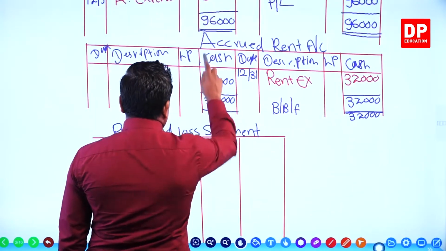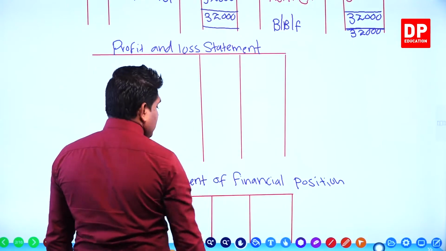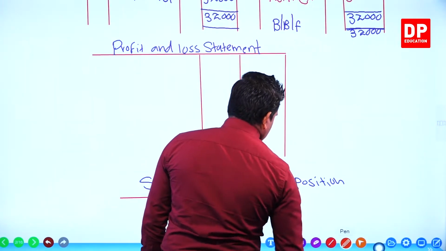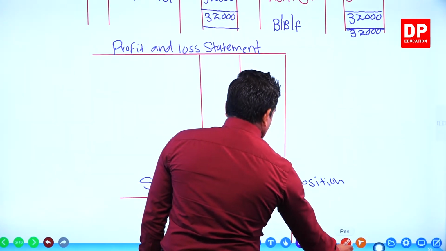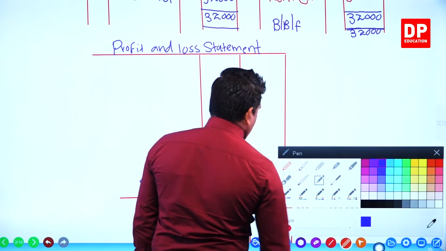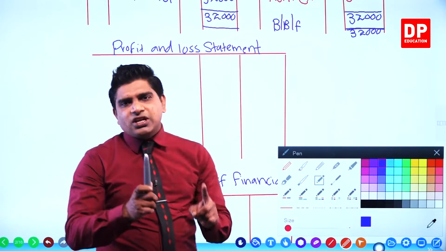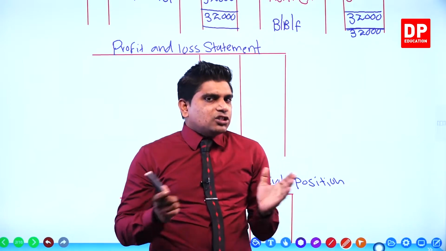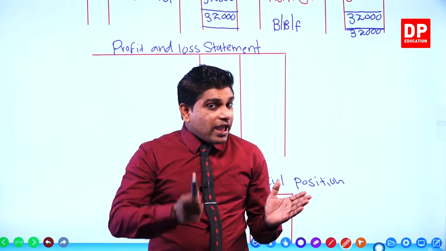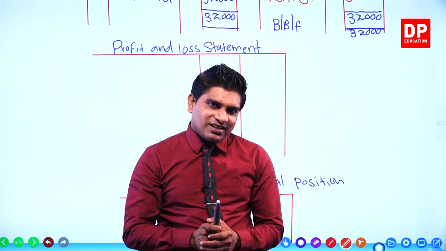Now we have already done the profit and loss statement. Now tell me, rent expense, does it go under the administration expense category or the distribution expense category? Administration expense category, right?